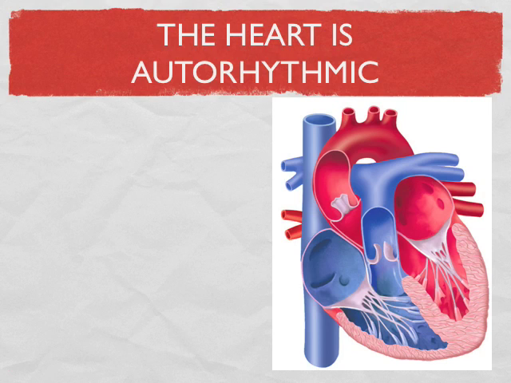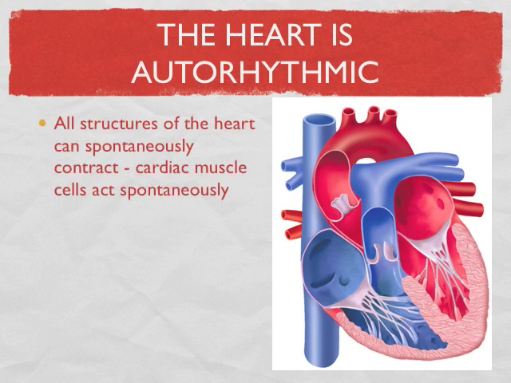The first point to make is that the heart is autorhythmic, that all the cells in the heart are capable of spontaneous contraction. That's cardiac muscle cells can just act totally on their own. And when they do, if you remember cardiac muscle, those signals then spread from cell to cell to cell.